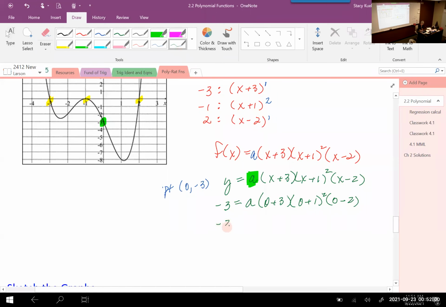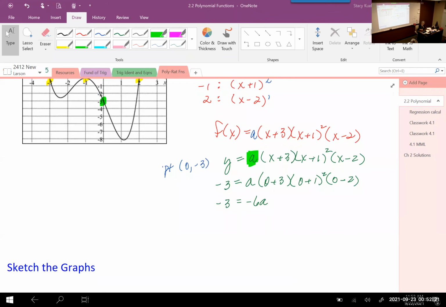So I have -3 is equal to 3 times 1 times -2, which would be -6, right? So I would have -6a. Divide both sides by -6, and I find out that A is equal to -1/2.